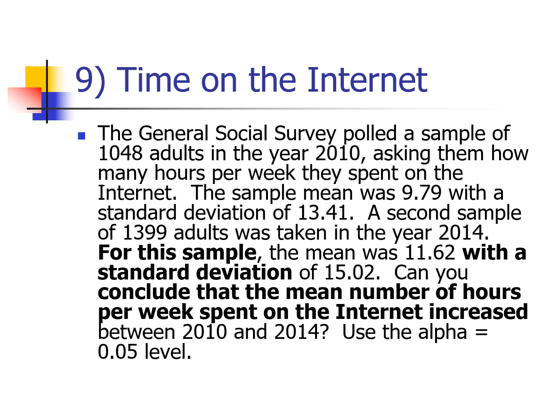So boom, that tells us t-tests. And then it says, can you conclude that the mean number of hours per week spent on the internet increased between 2010 and 2014? Use an alpha of 0.05.